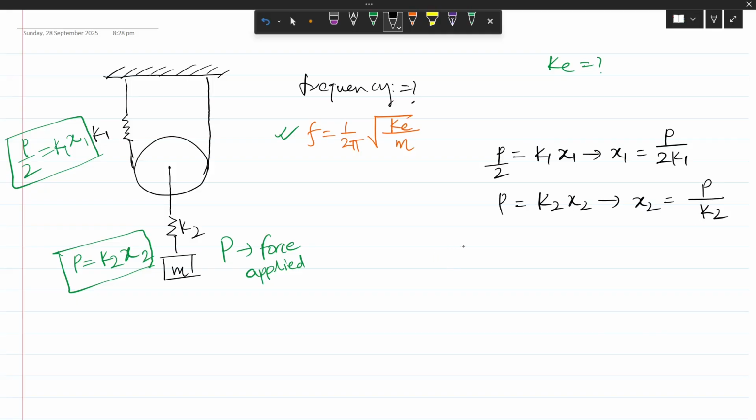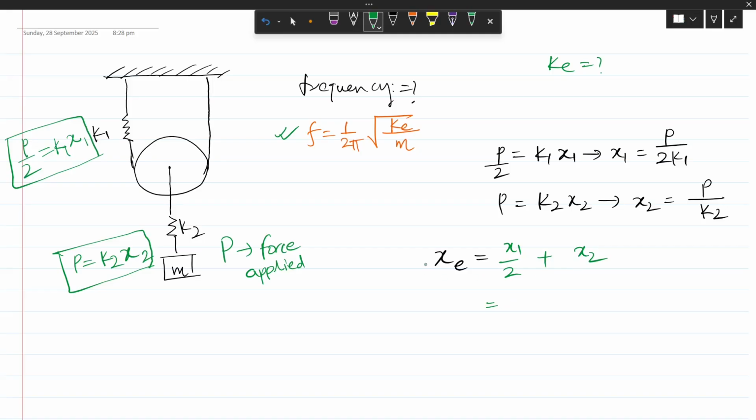Now there is another thing we need to consider: the displacement of this system. Let's say the displacement is xe. As we have applied the force P here, due to that P force we get x2 as displacement here, and here the displacement will be x1 by 2. The displacement is also going to be half here. So I have written x1 by 2 plus x2.